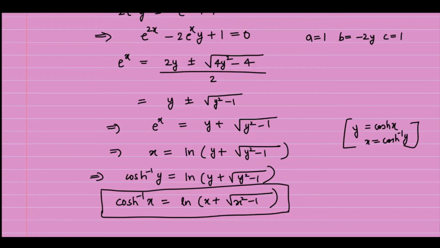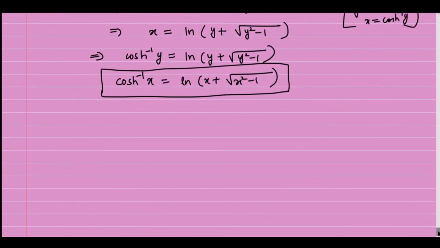Also in the beginning we have shown that d by dx of cosh inverse of x is equal to 1 by root of x square minus 1.